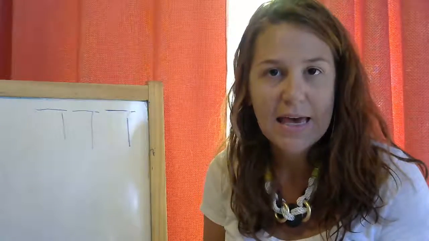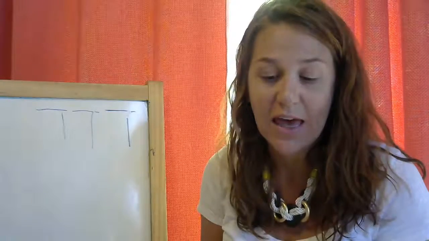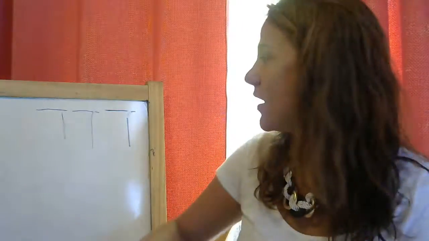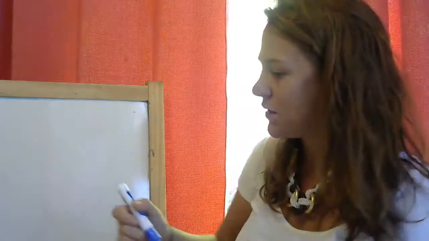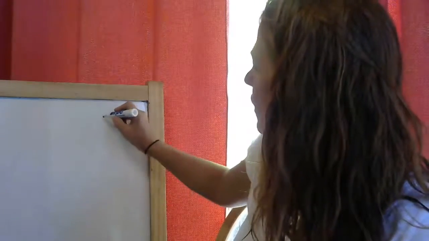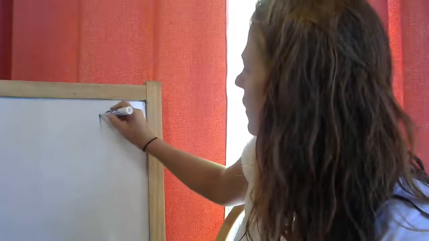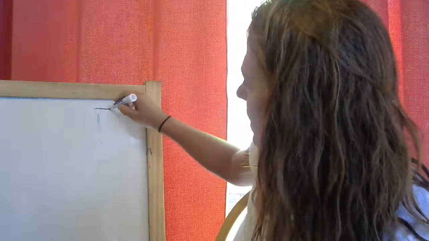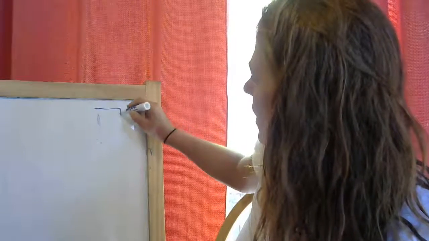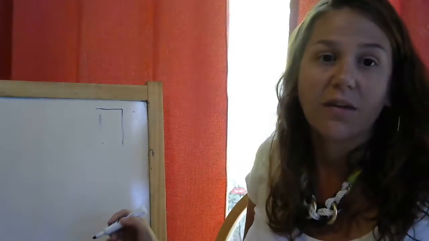Next letter is hey. Hey, and this is the English H, the H sound. This is pretty easy to draw. You start with your vertical line down. This marker is not awesome. And then you leave a space here for a horizontal line and then another vertical line.